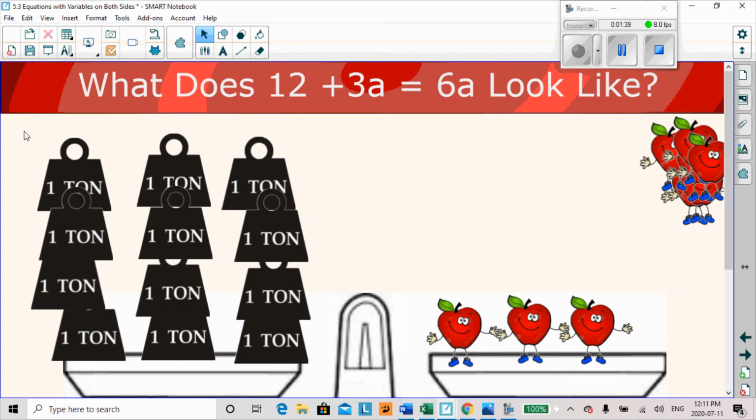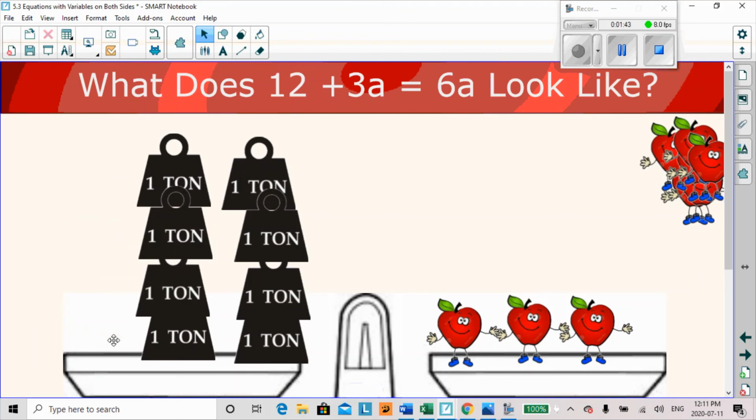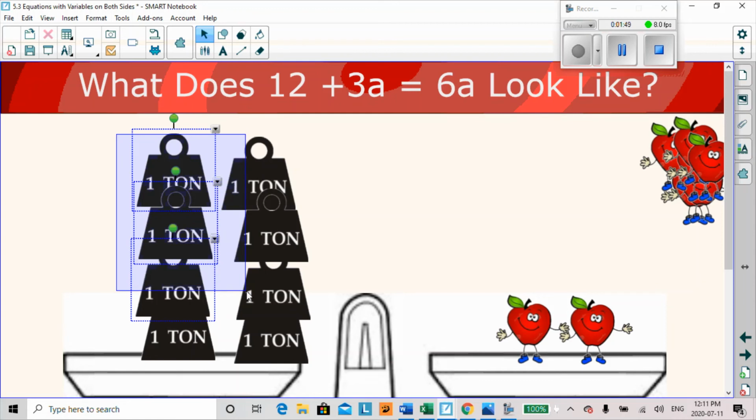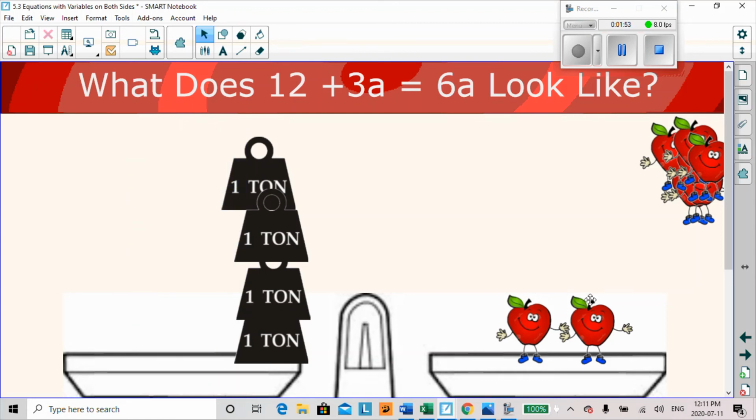So I could take these 4 away and one of these apples, and I could take these 4 tons away and another apple, and I'm left with 1 apple equals 4 tons.